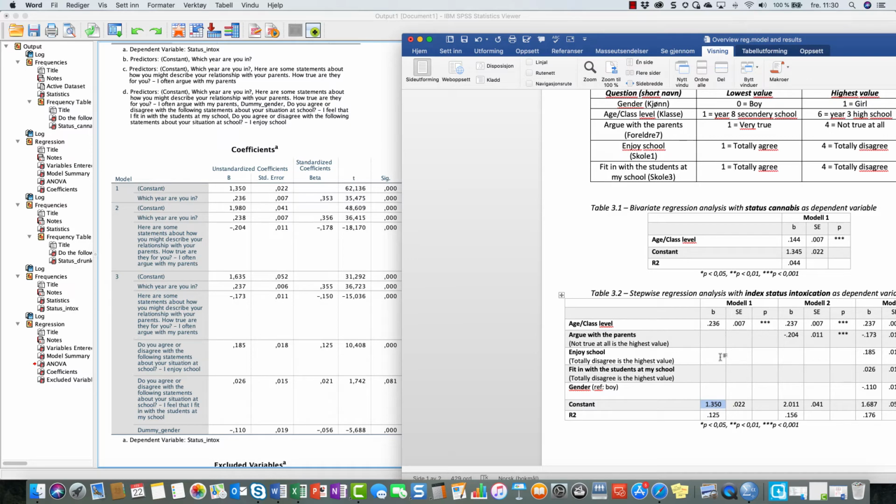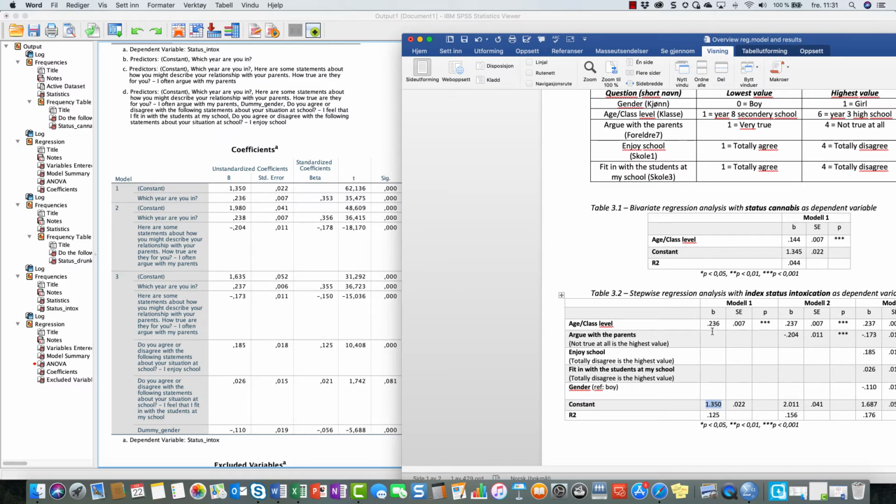1.350 into the constant. I find that there, and I put in the coefficient for class or year, 0.236. I put it in there, and I put in the standard error, which I find there, into the model. Again, you could interpret this constant substantially if 0 was a valid value on the independent variable age class level.